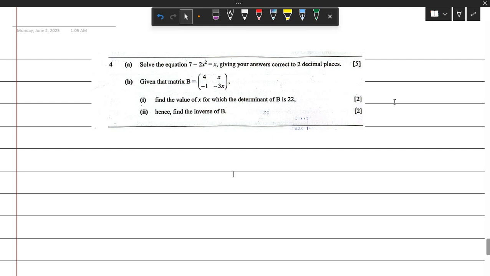Okay, so for part A, we'll start solving with part A. Okay, this is not good.